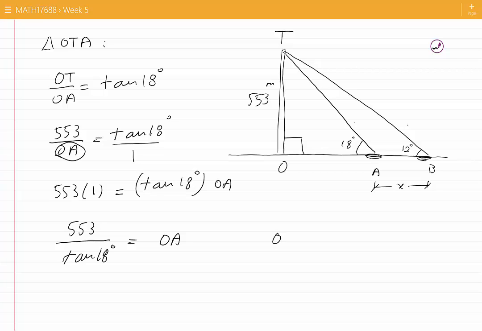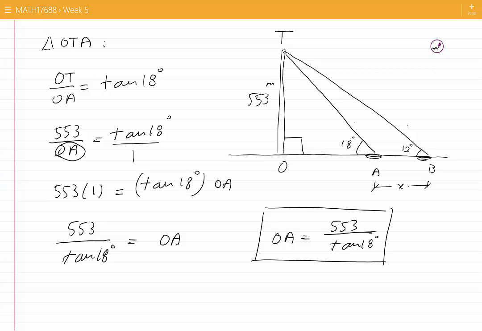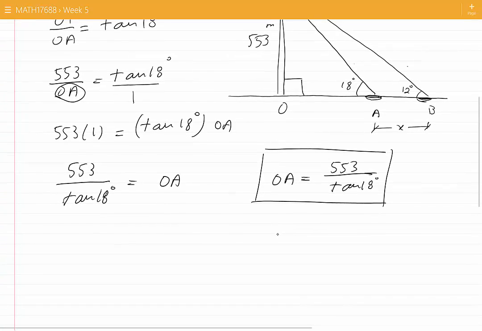I will summarize this as OA is 553 divided by tangent of 18 degrees, and I keep OA as it is. I do not use my calculator to turn this result into a decimal number.